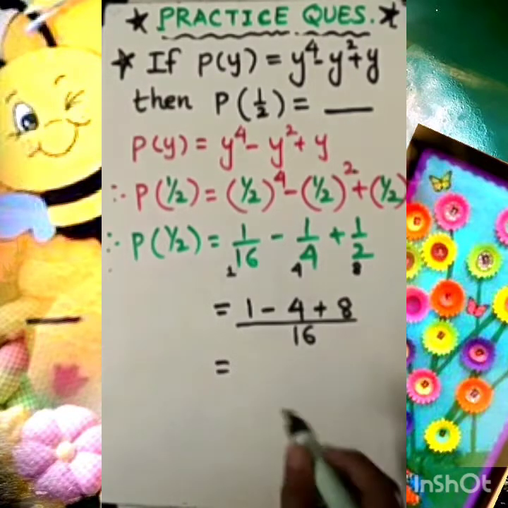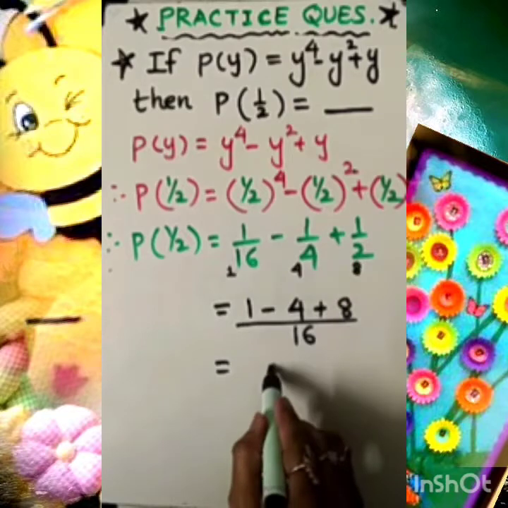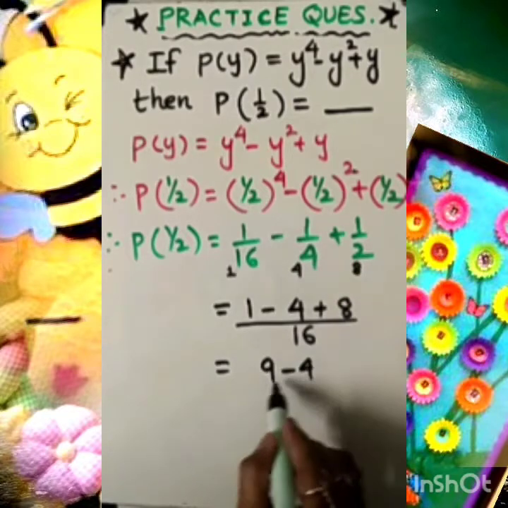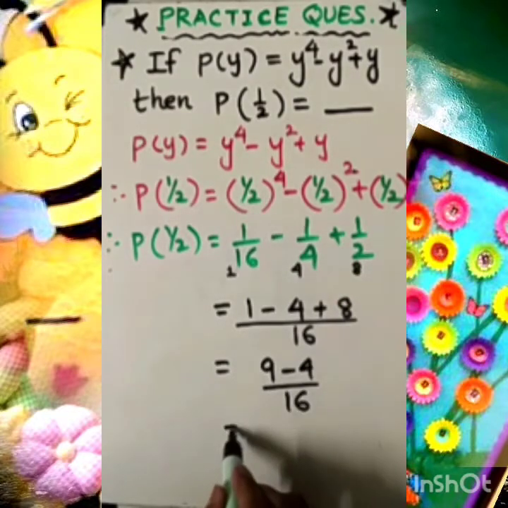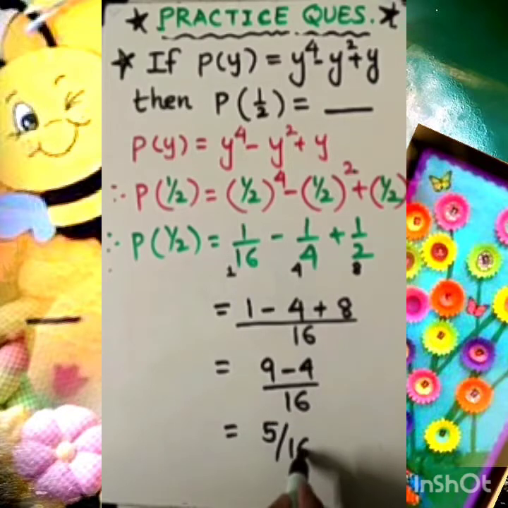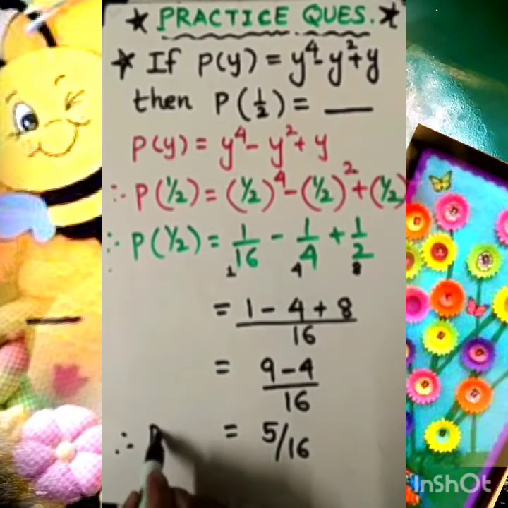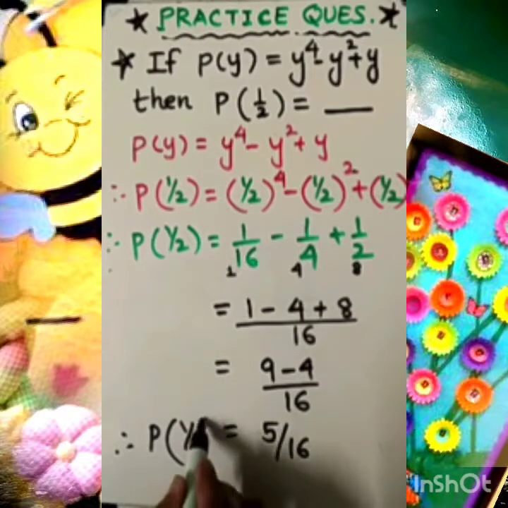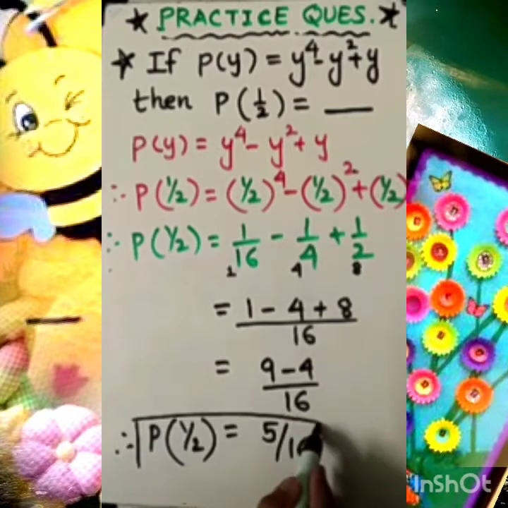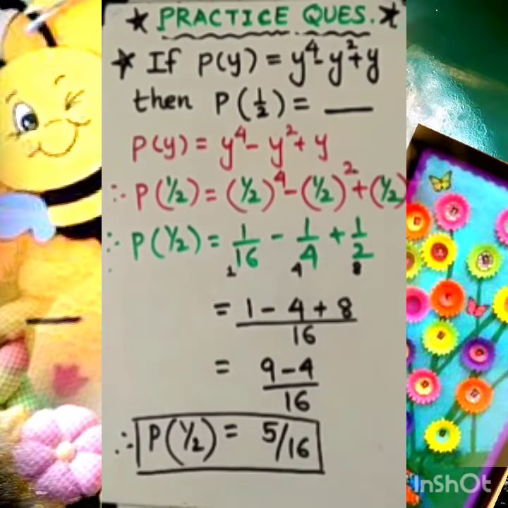Clear? Here the 1 and 8 are positive, so 9 minus 4, you know that is 5, upon 16. Therefore we can say the value of p(1/2) is 5 by 16, which is the remainder asked in the question. Clear to you?